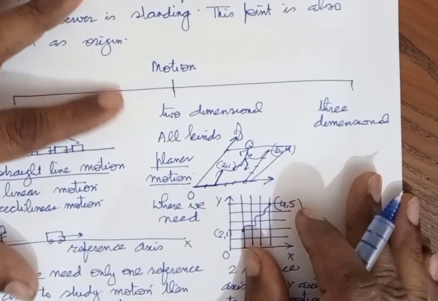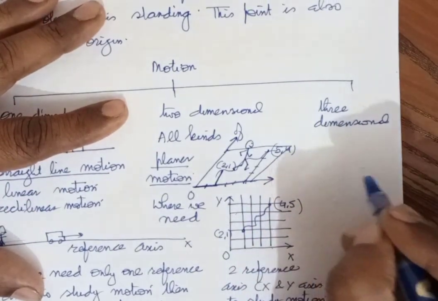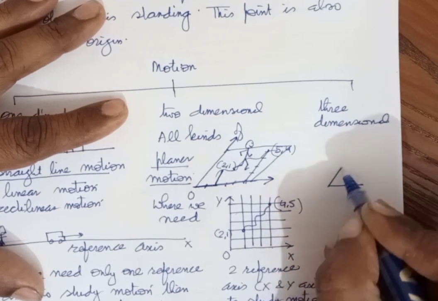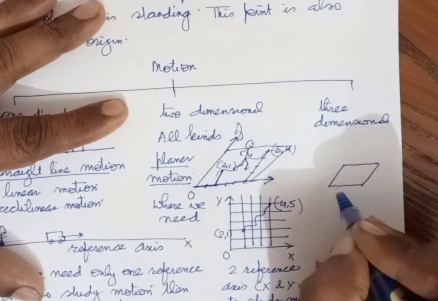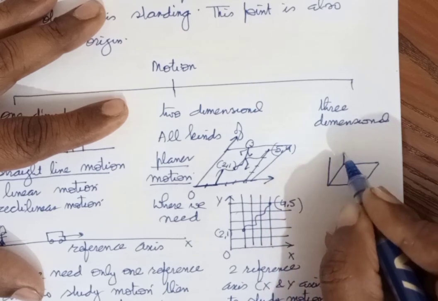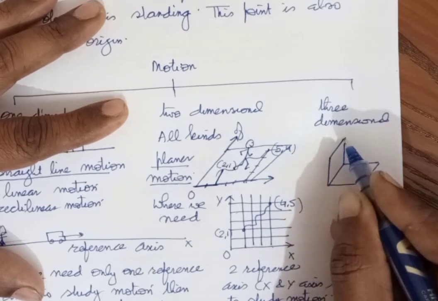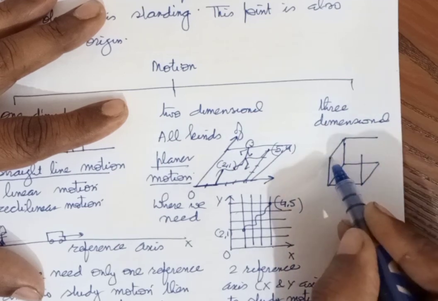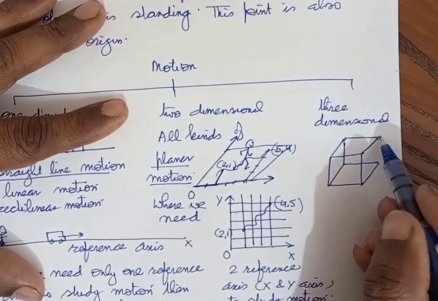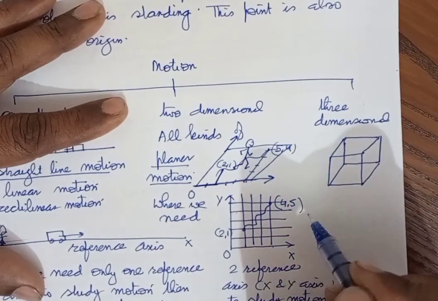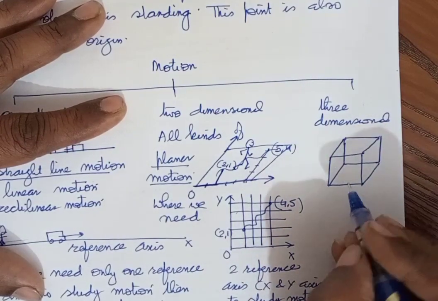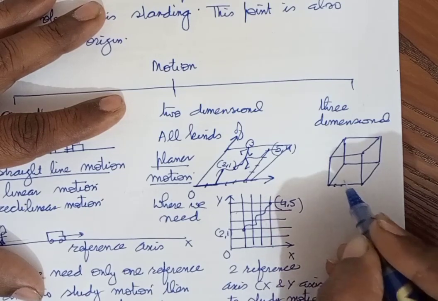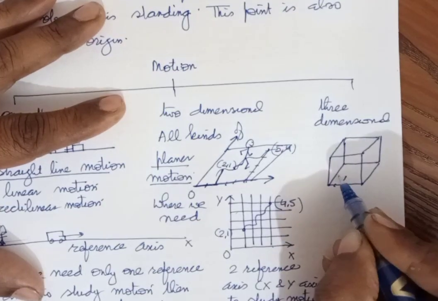What is 3D motion? Like if some insect is flying in our room, that insect may take a varying height also, because it is not fixed that it will fly or hover at the same level. It may go from the floor, like from floor 1, 2, and here it is 1, 2.